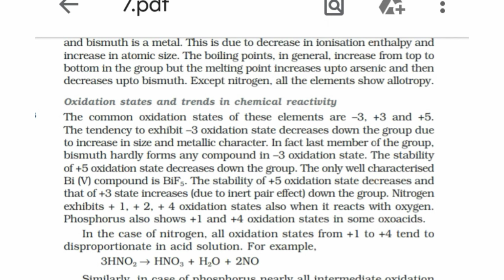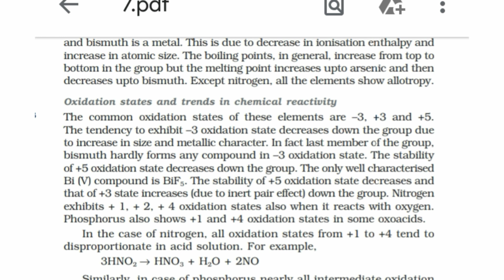Anomalous properties of nitrogen: nitrogen differs from the rest of the members of this group due to its smaller size, high electronegativity, high ionization enthalpy, and non-availability of d orbitals.